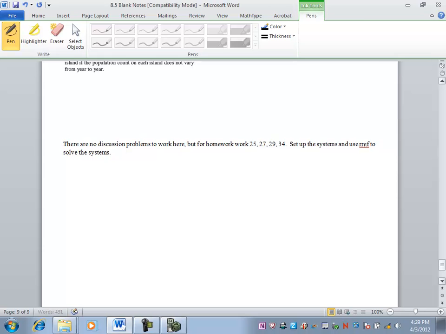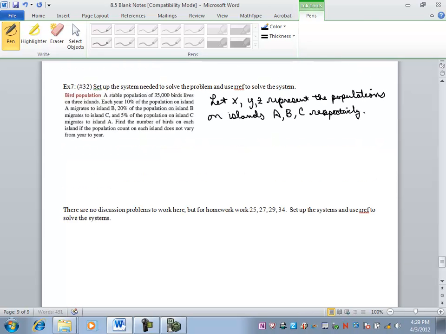Okay, and so with this in mind, we're going to take the number of birds on X. Now, 10% of those birds fly away to Island B, and 5% of the population on Island C migrates to A. So we get 5% of the birds that are on Z. And that is now the number of birds that are on X, or on island A. So we take the number of birds on island A, we lose 10% of them, we add 5% of the birds from island C, and that gives us the new count on island A.